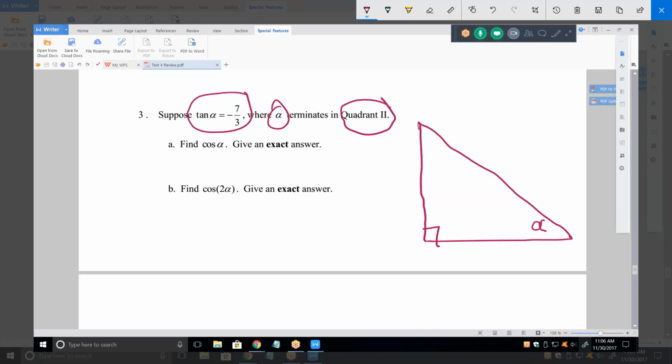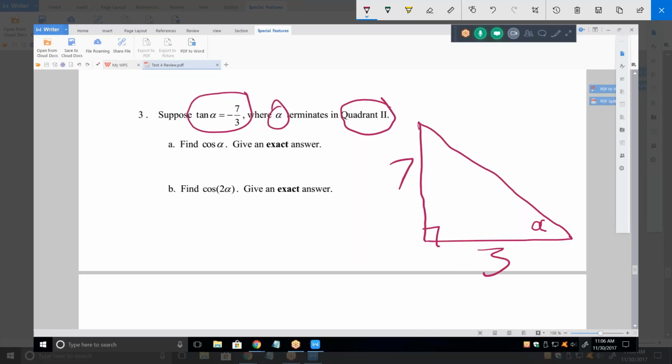Ignore the sign for a moment. On all of these problems, you need to ignore the sign and treat it like it's in the first quadrant. That's the secret for doing these. So it'd be the opposite and adjacent 3. Yeah.